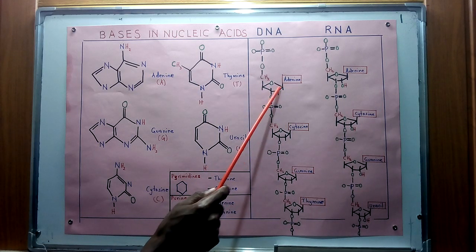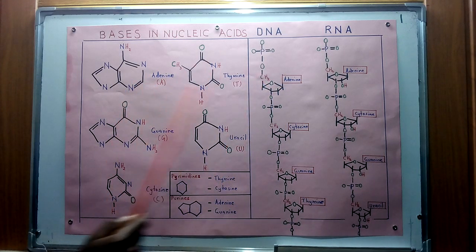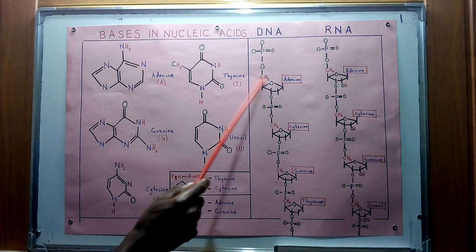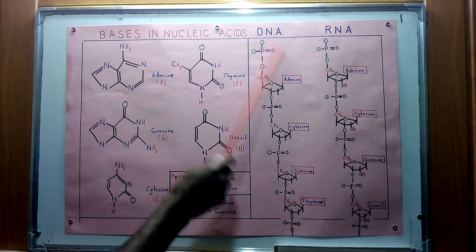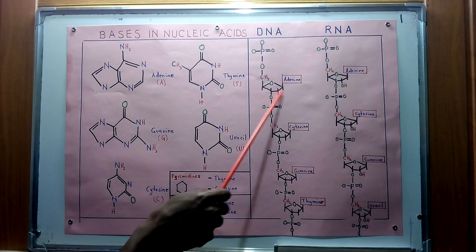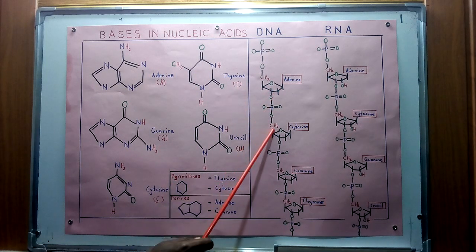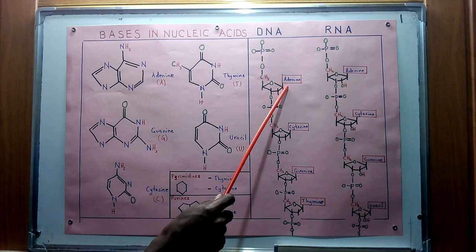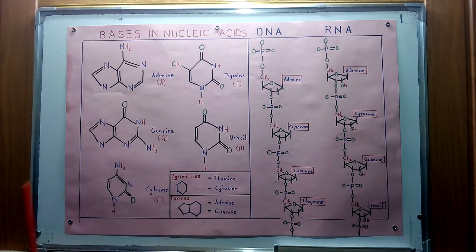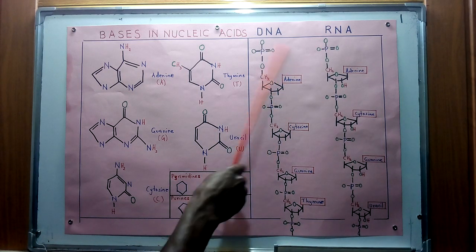Now this is carbon number 1, 2, 3, and 4. At carbon number 5, we have an attachment to this specific phosphate molecule, and at carbon number 3, we have an attachment for another phosphate molecule, respectively. The bases are attached at carbon number 1, and that is going to form the same formation.